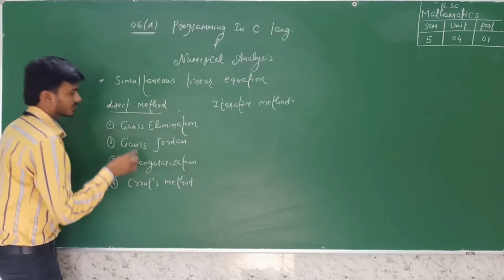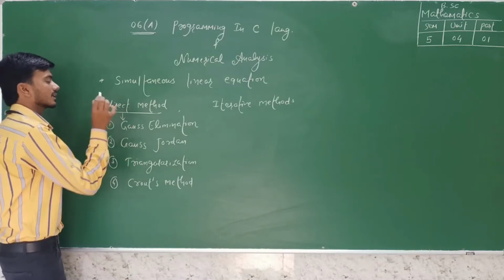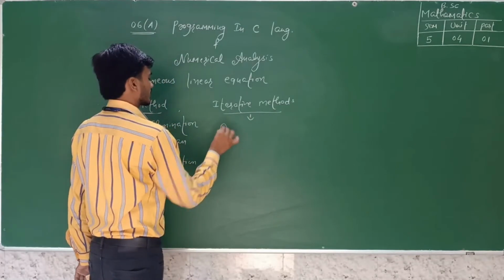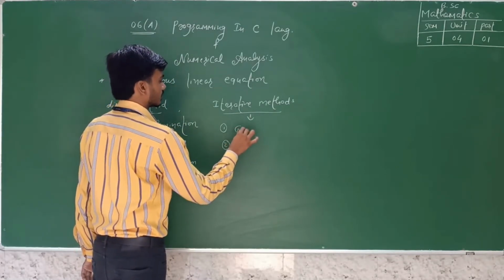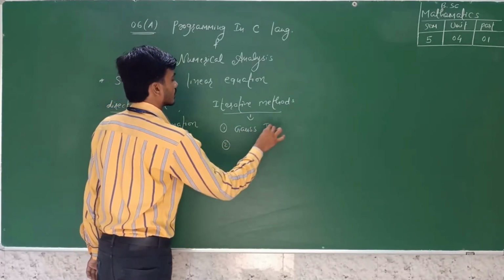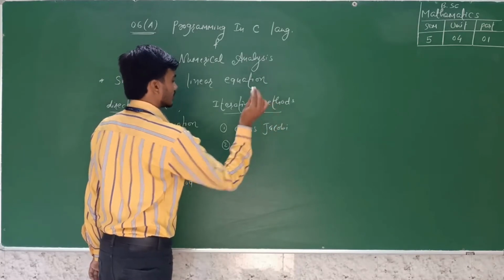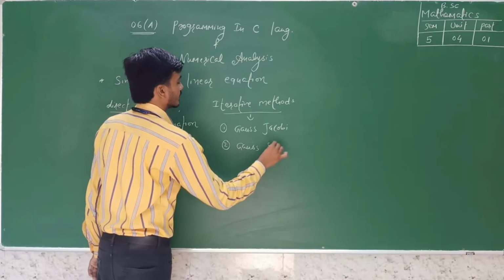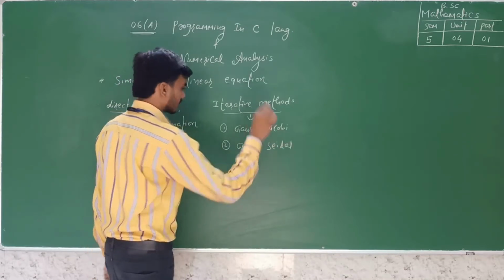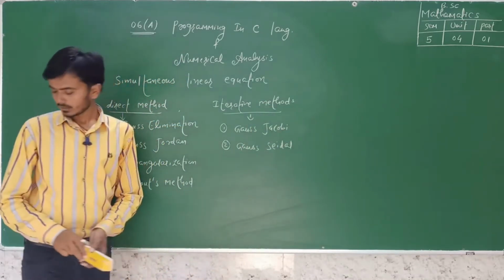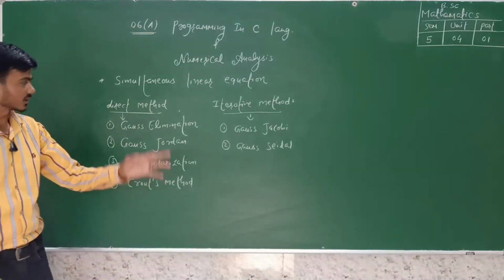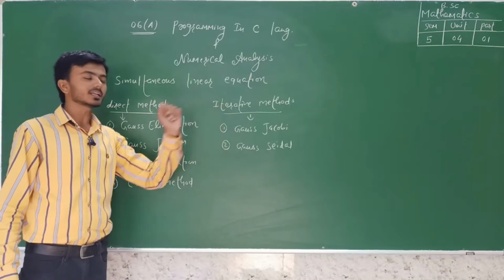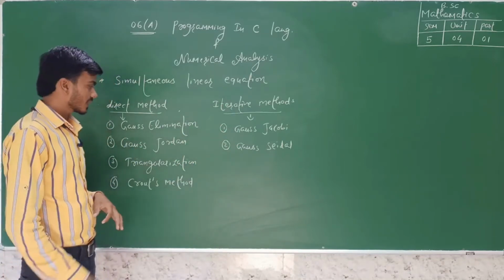These 4 are called direct methods. The iterative methods are the Gauss-Jacobi method and the Gauss-Seidel method. There are 6 methods in total: these 4 are direct methods and these 2 are iterative methods.